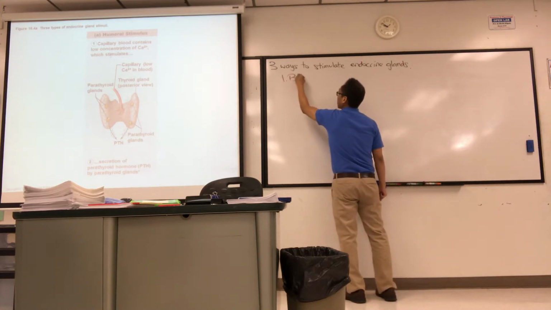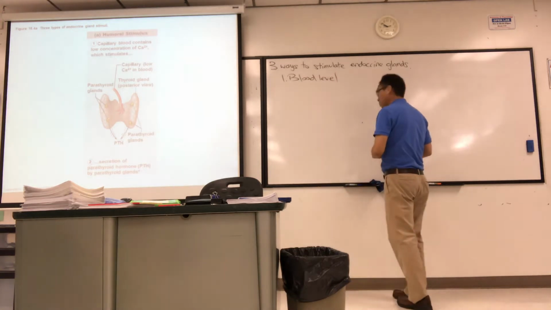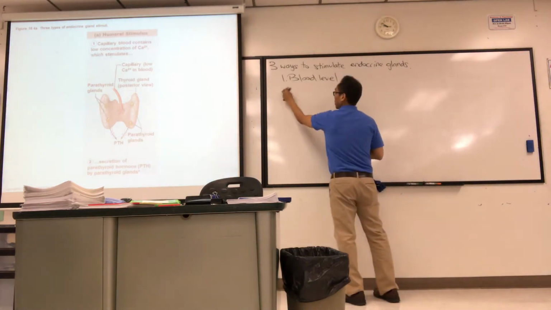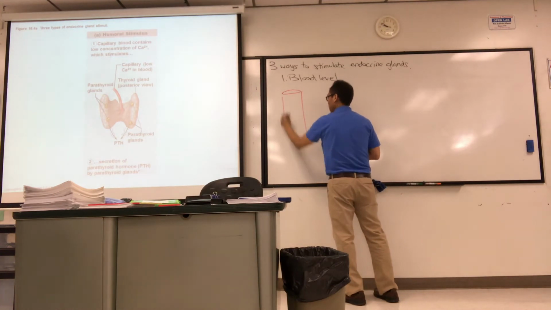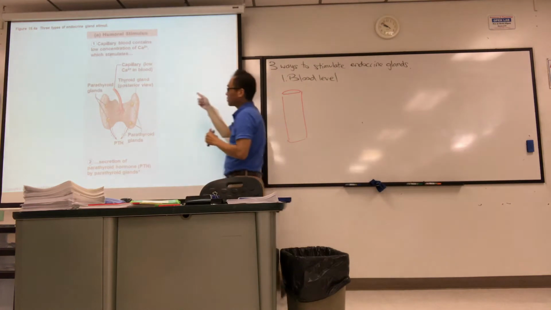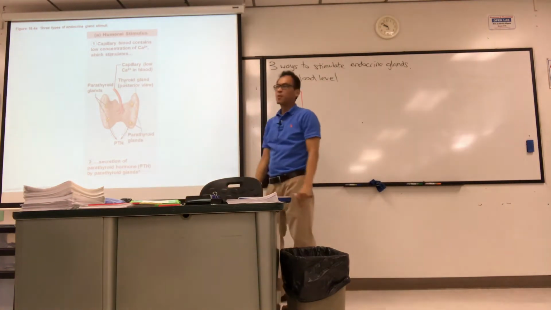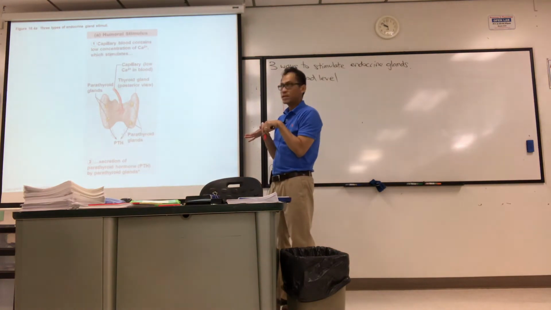One, the blood level of something. So then you have a blood vessel here. A lot of things circulate in the blood. In the example of calcium, calcium is important for muscle function, cardiac and skeletal muscle function. So its level has to be maintained.